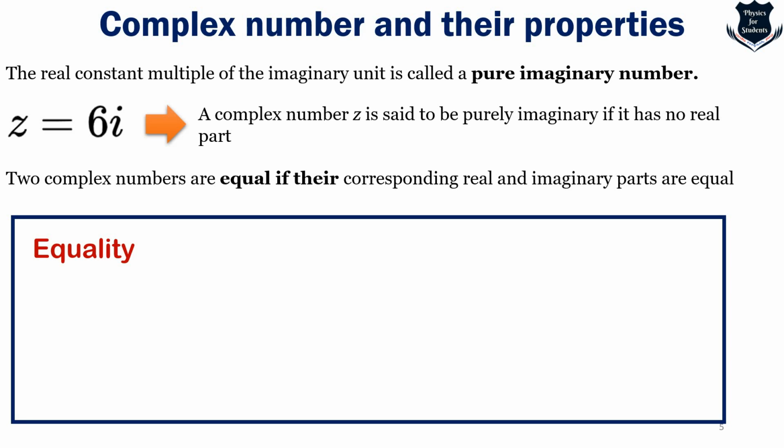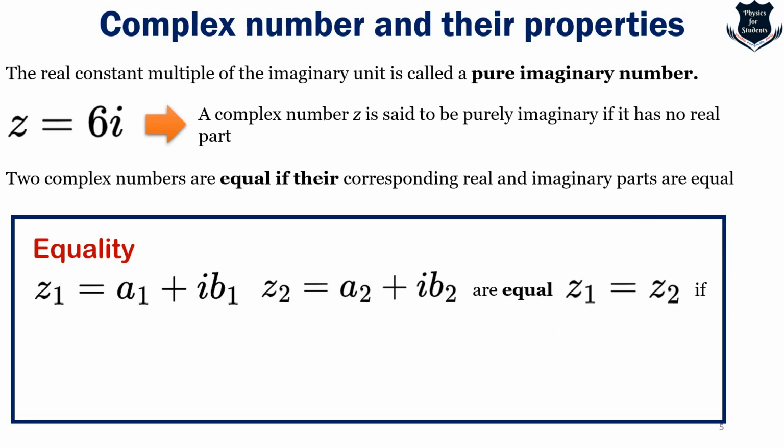This leads us to a very important property which is called equality. Let me give you a basic understanding. If I take, for example, z1 = a1 + ib1 and z2 = a2 + ib2, then z1 equals z2 if a1 = a2 and b1 = b2.